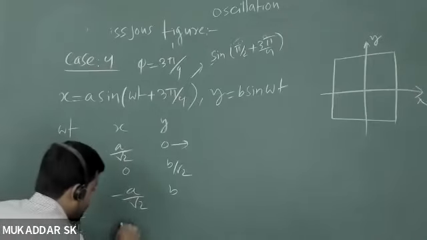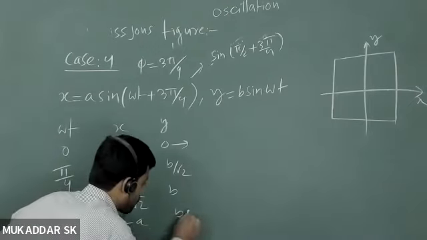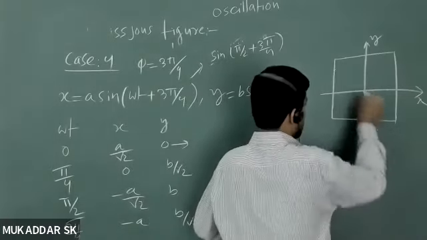It will be minus A, because 3 pi by 4 plus 3 pi by 4 is 3 pi by 2, and sin 3 pi by 2 is nothing but minus A. And at this point y will be sin 3 pi by 4, which means y equals B by root 2. So this point will be somewhere here.